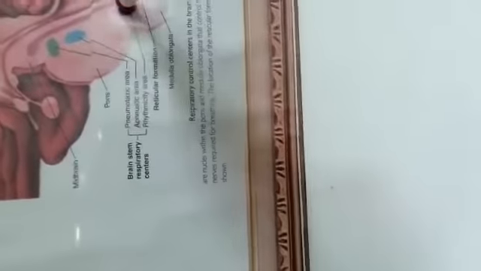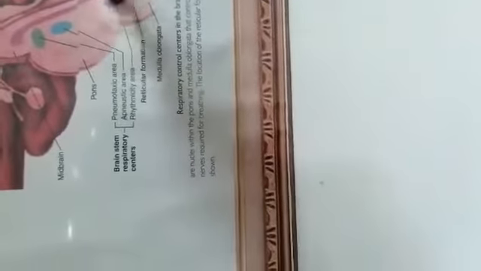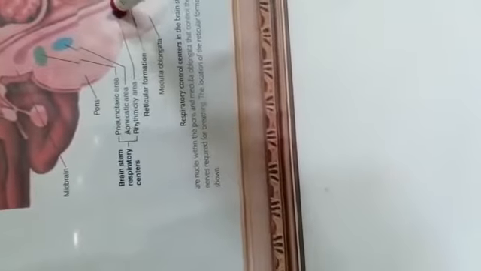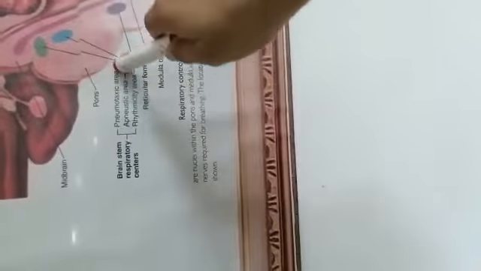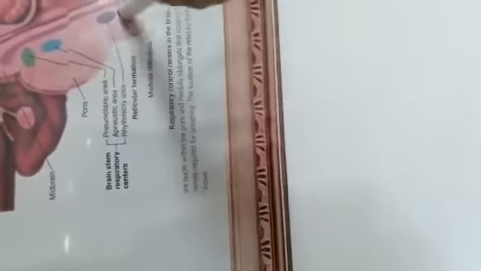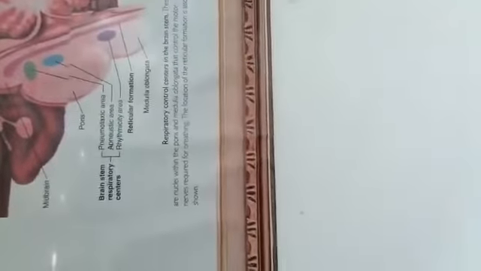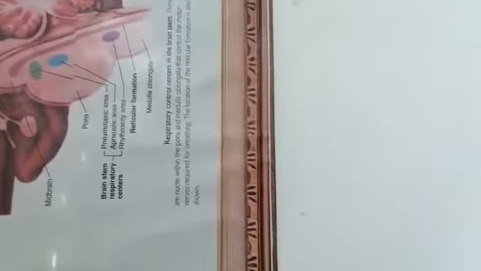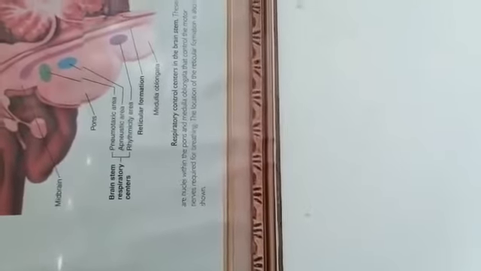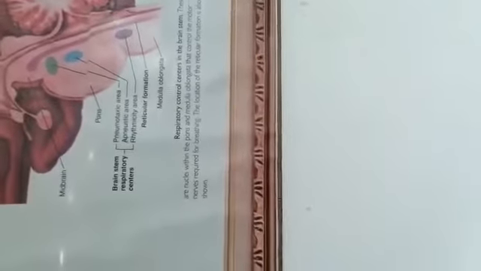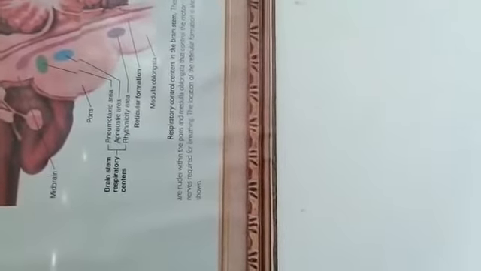Here you can see the respiratory center which is located in the medulla oblongata. This respiratory center works in coordination with the respiratory center located in the pons. Basically, this respiratory center sends impulses to the phrenic nerve and intercostal nerve, which control the contraction of the diaphragm and the intercostal muscles.